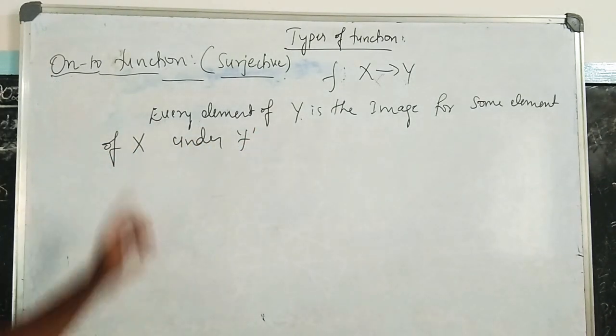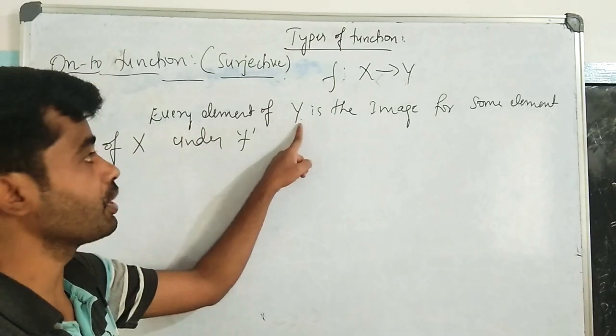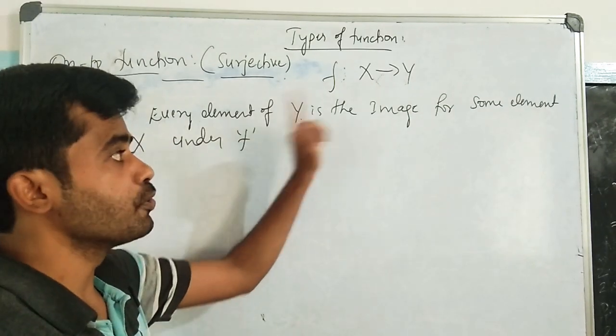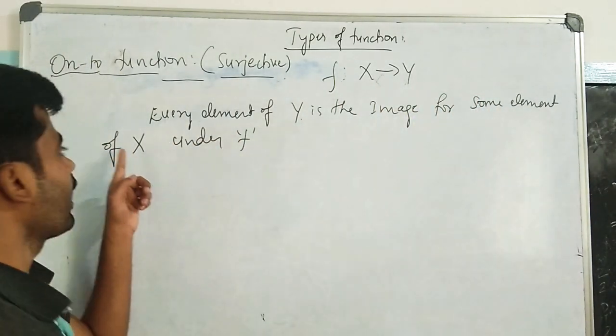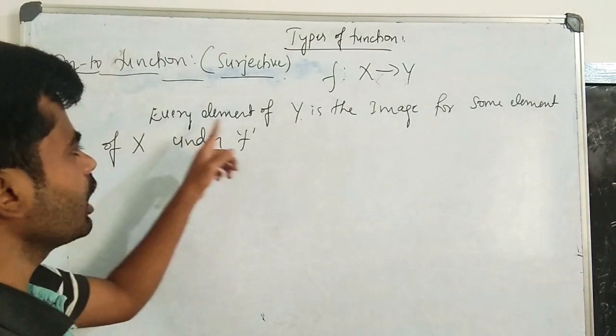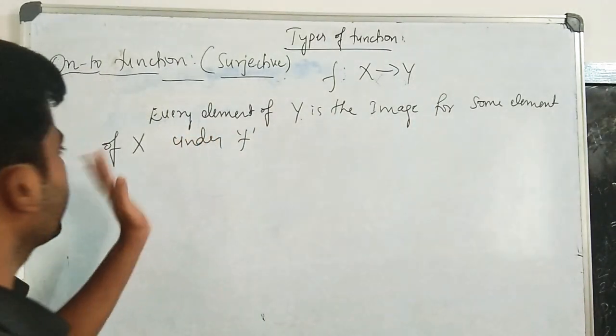Be careful. Every element of Y must be the image for some element of X under f. All the elements of Y must be images for some element of X.